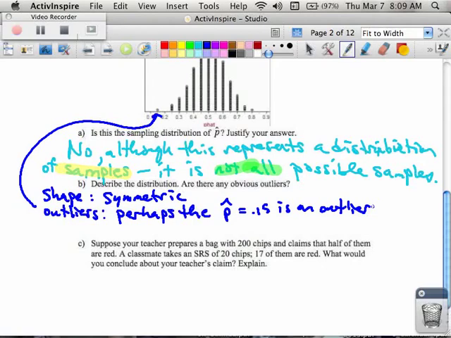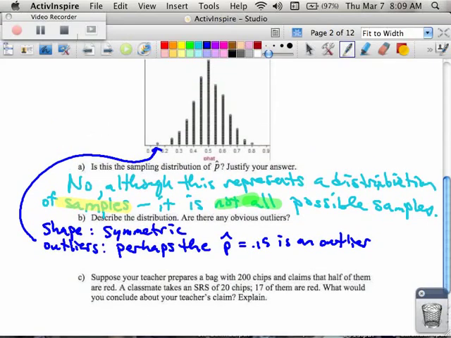And maybe you might want to talk about how it's centered. It looks like the mean, median is 0.5 for the p hat, to me.